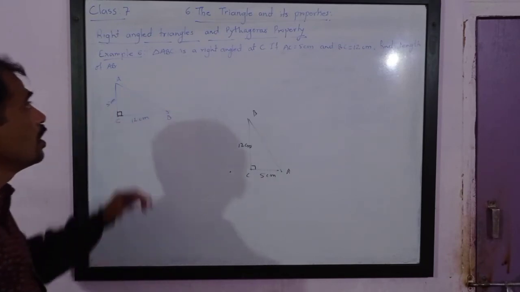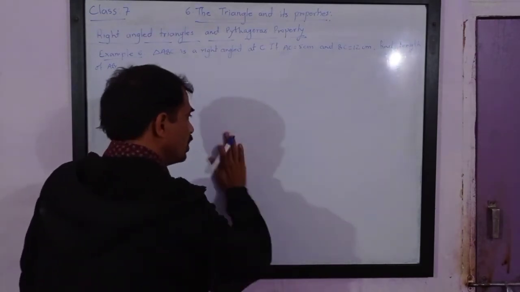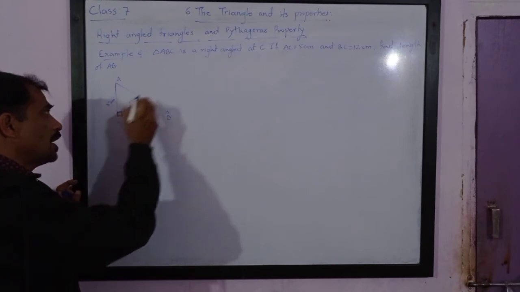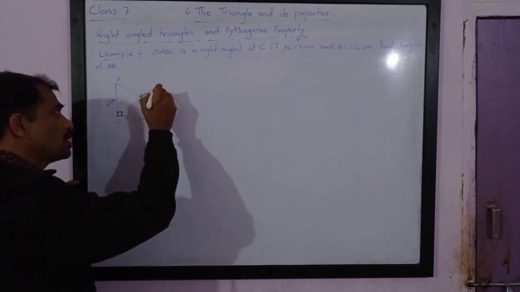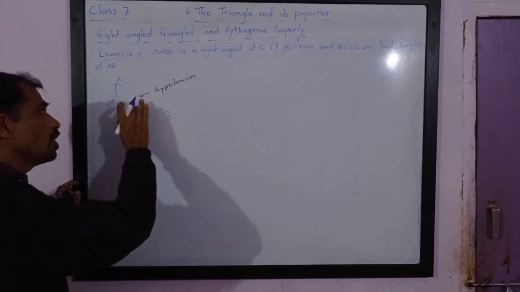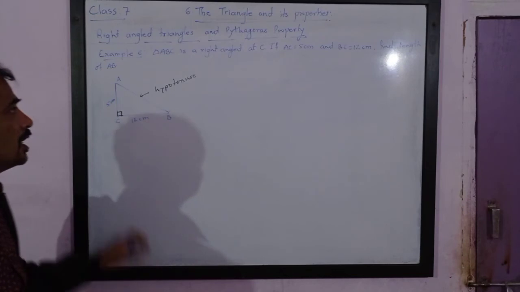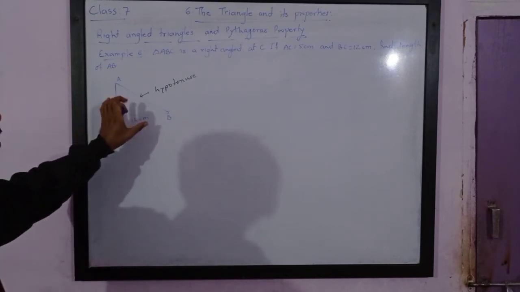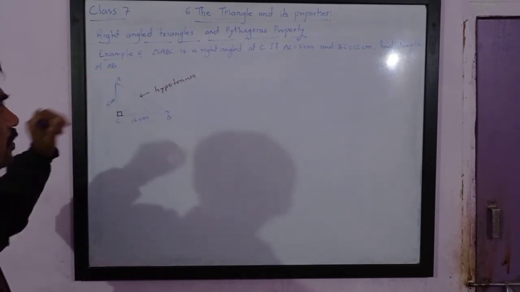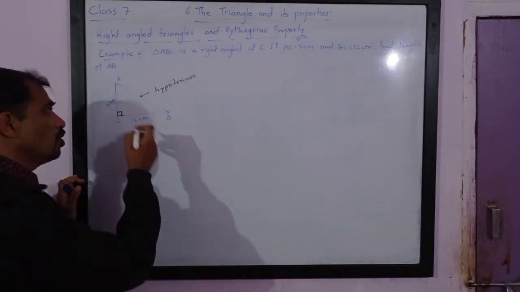Now see, we have studied that according to Pythagoras, the side opposite to the right angle is called the hypotenuse. This side is the hypotenuse. And the square of the hypotenuse is equal to the sum of the squares of the remaining sides. So let us check whether we are able to get the length of the third side, because we are given triangle ABC is right angled at C. What is given?